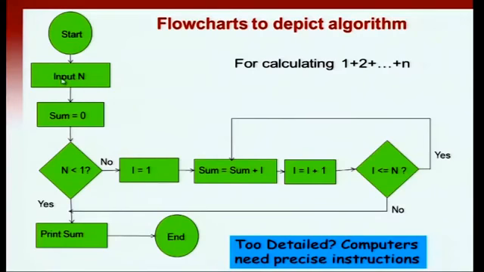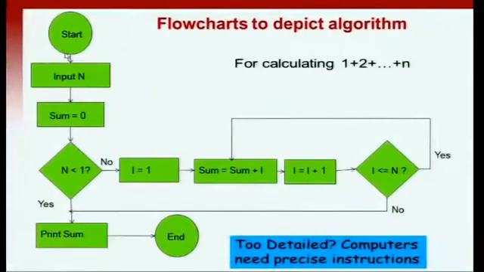Okay. So suppose you want to write an algorithm for adding the first n numbers. All of you know how to do it. The point is, how do you describe this step by step to somebody who doesn't know it already? First you have to take the upper limit n, and then you have to sum them up. One way to sum them up is to start with an initial sum of 0 and then add numbers one by one.